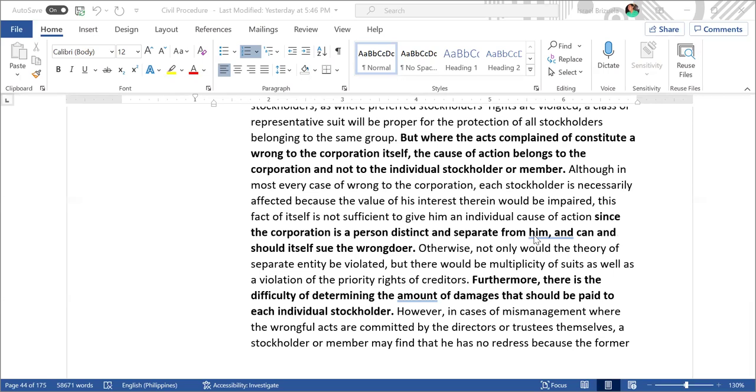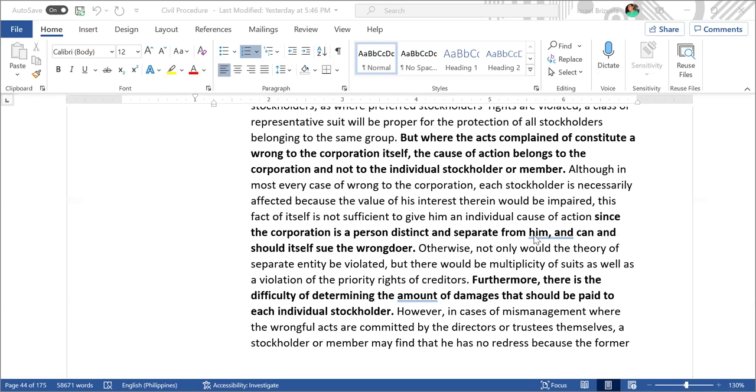Otherwise, not only would the theory of separate entity be violated, but there would be multiplicity of suits as well as a violation of the priority rights of creditors.